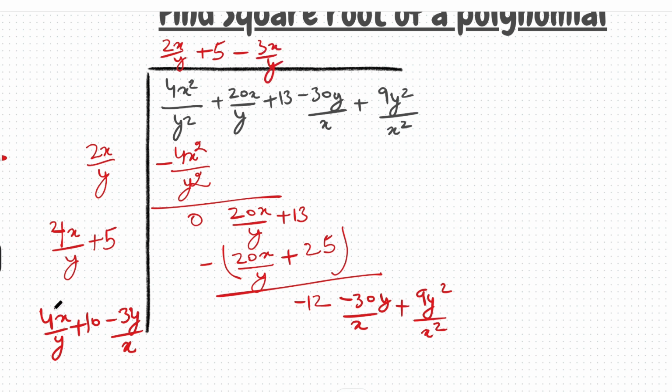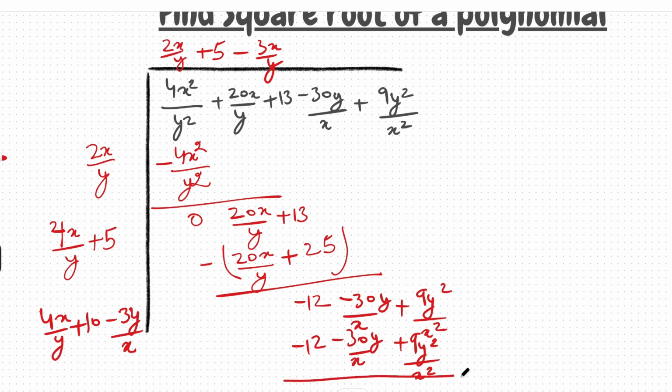And if we multiply this whole term with minus 3x upon y, we will get the same as this one, minus 12 minus 30y upon x plus 9y square upon x square.